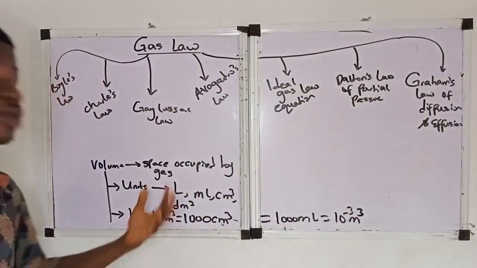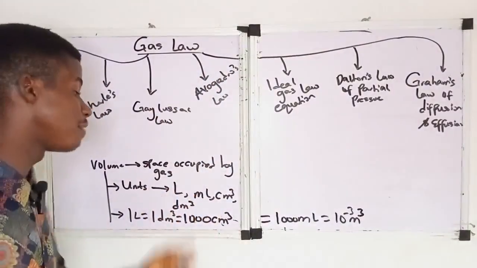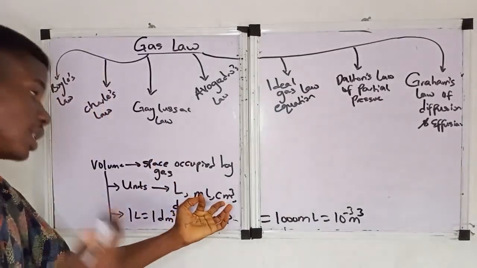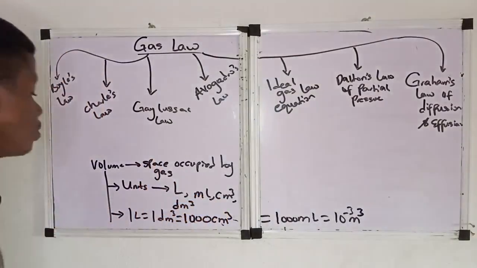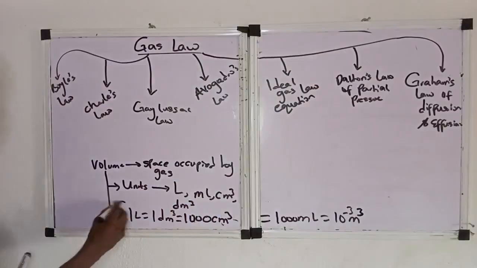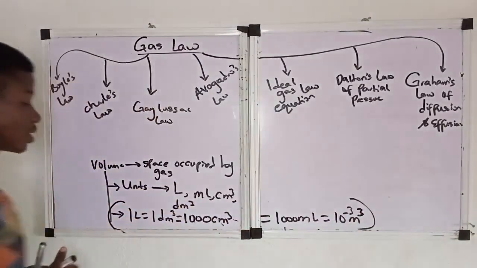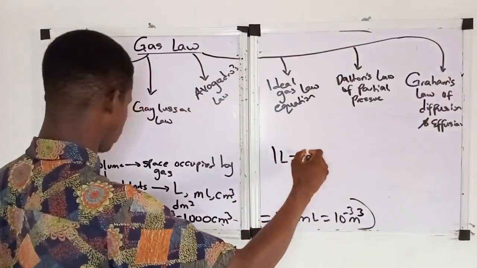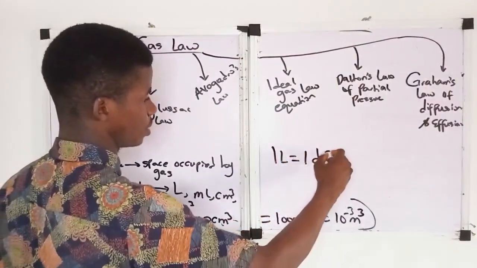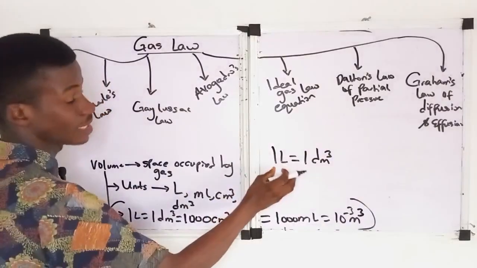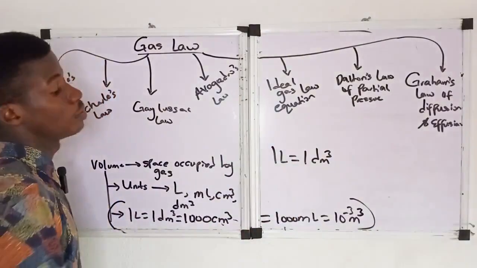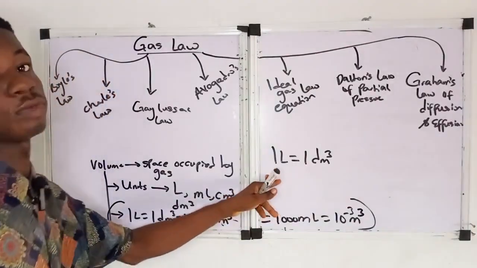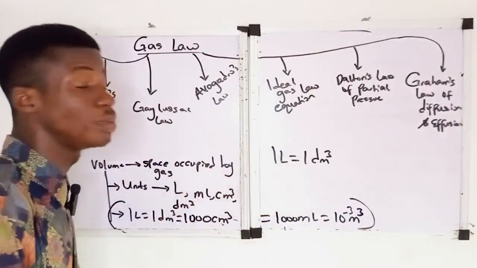Now the different units of volume: we have liter, milliliter, cm cube, dm cube. Please take note of this part, it is very important. 1 liter is equal to 1 dm cube, because most of the volumes we are going to use to solve will be in liter.